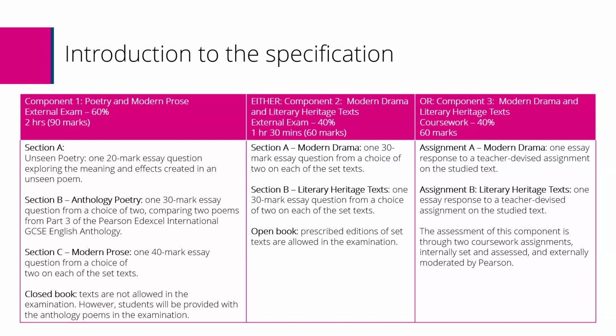Assignment B is the literary heritage text, one essay response to a teacher-devised or teacher and student-devised assignment on the studied text. So 2 pieces of coursework, internally set and assessed and externally moderated by your moderator from Pearson. So that's how the qualification looks.